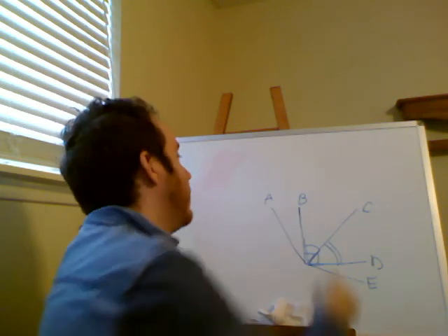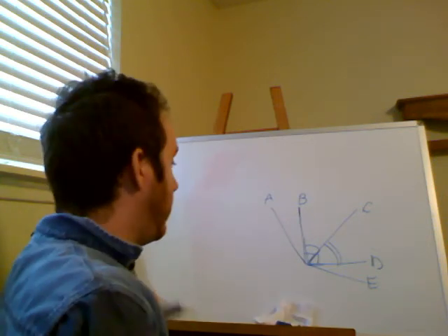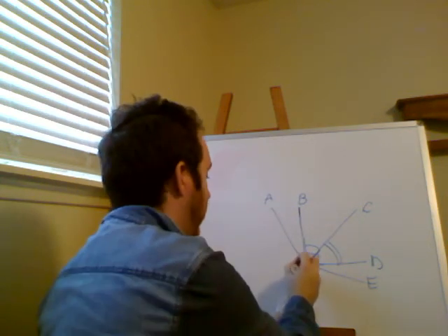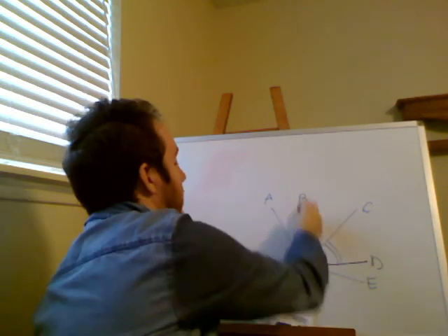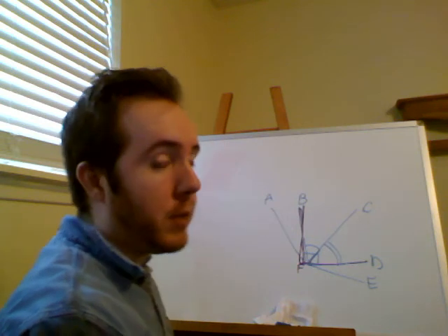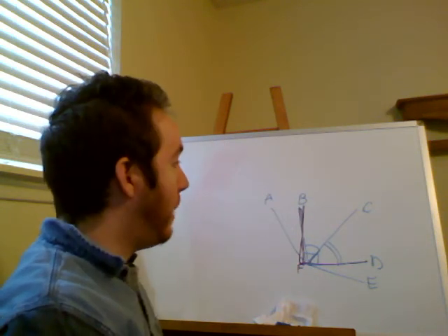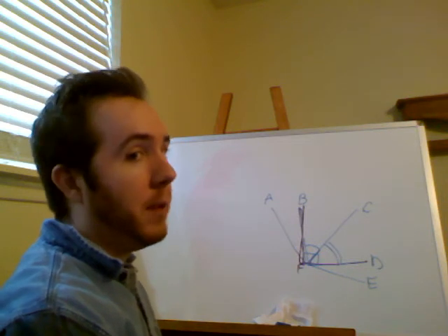So our right angle is here. Now, oh, this is an F, by the way. BFD. Now, that being said, BFD is not a complementary angle. But if we can split it into two smaller angles, those two angles would be complementary.